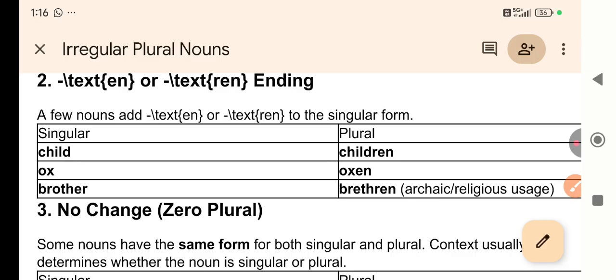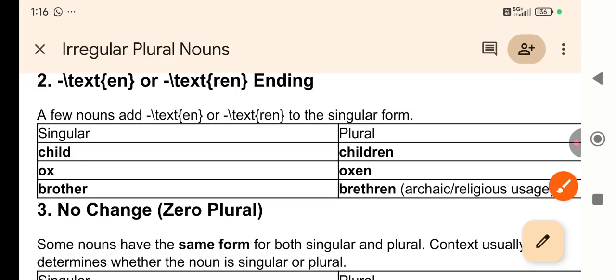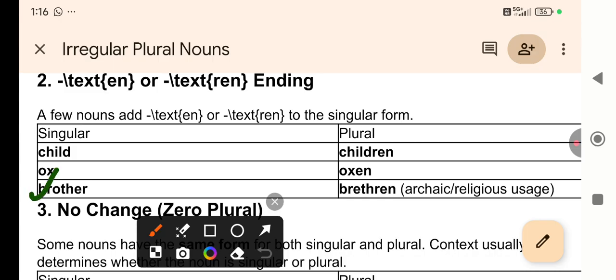However, brethren is rare, that is why you feel something awkward. These forms we have already learned in our school days, but still just remember them, because brother, brethren is very less discussed.